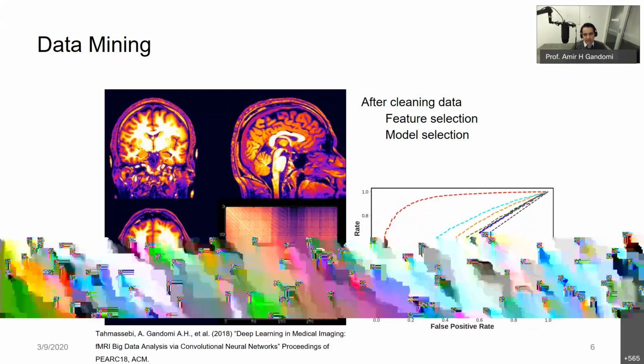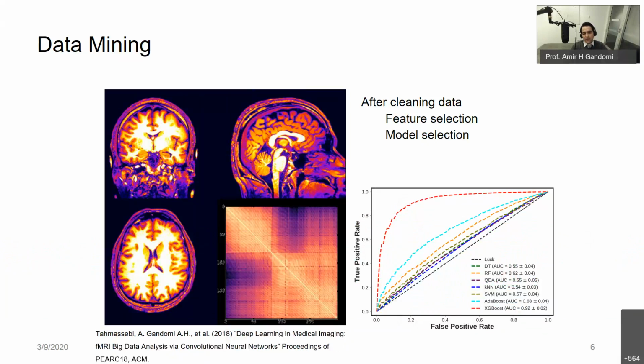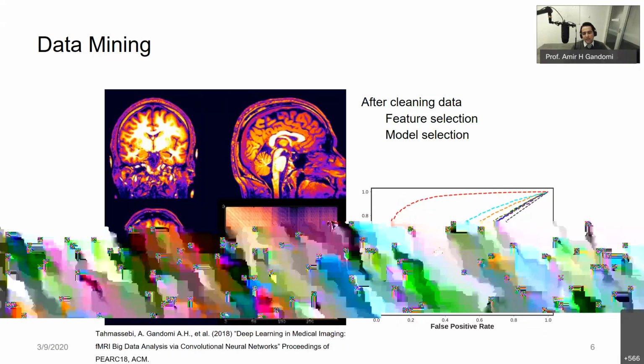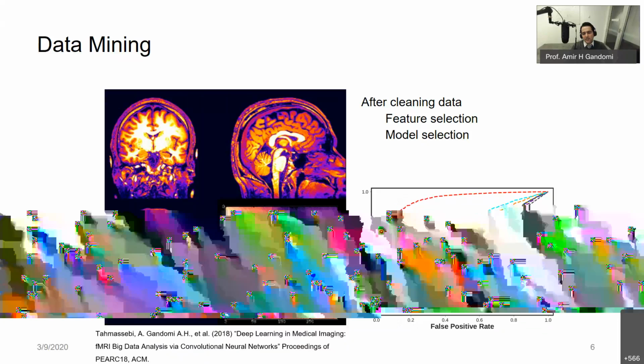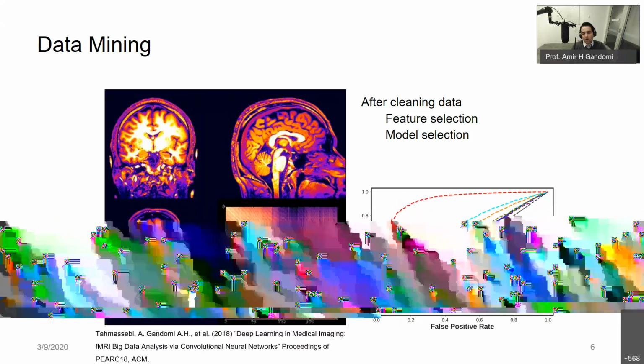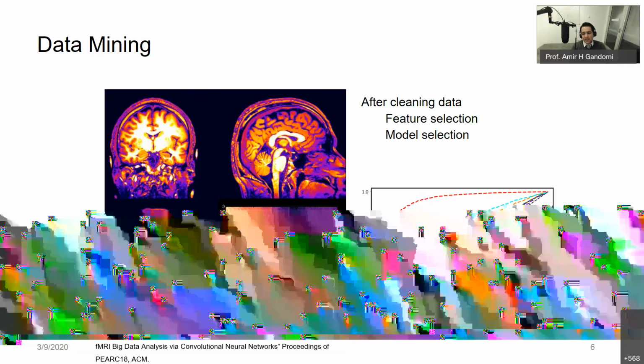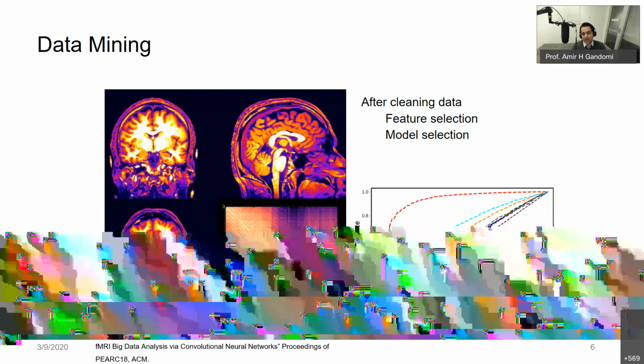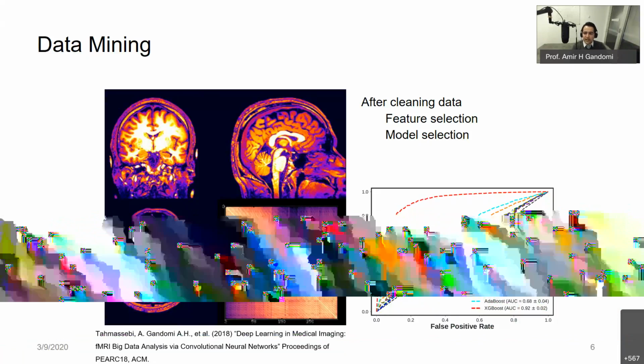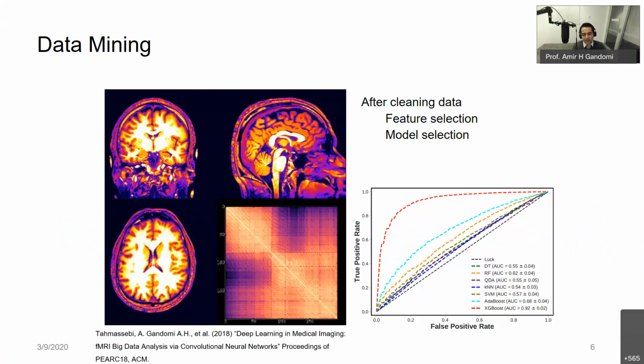For example, in this classification problem, this is the ROC plot. Most models were very close to random. You can see none of the models can reach an acceptable degree of accuracy, but eventually one model, XGBoost, outperformed all other models. So model selection is also very important in machine learning and predictive data analytics.